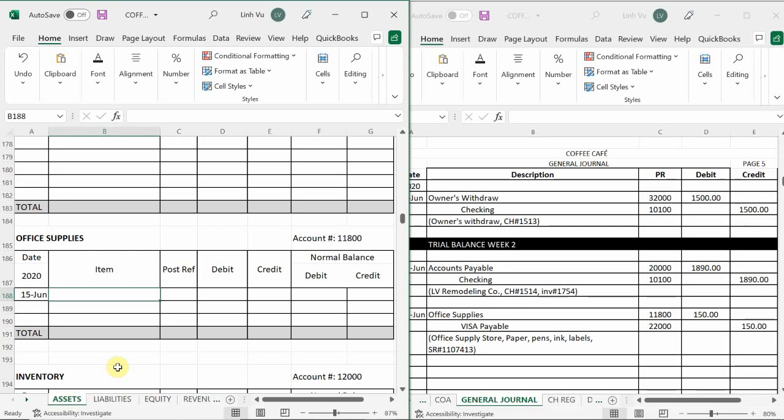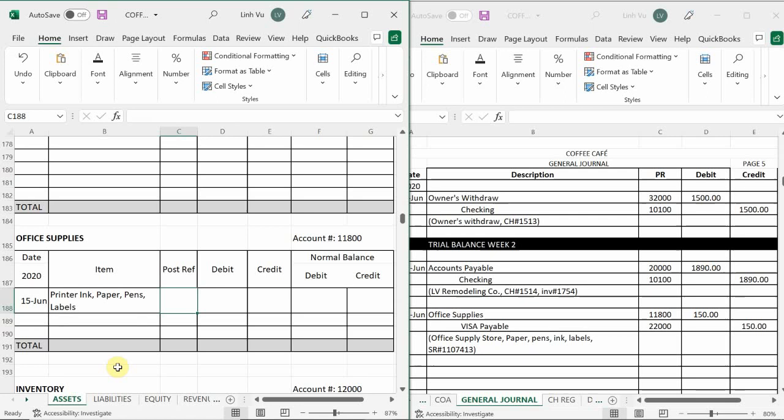We got printer, ink, paper, pens, and labels. Okay. Post reference. What page of my journal did this transaction happen on? Page 5. And we increased our office supplies by $150. Okay. Good.